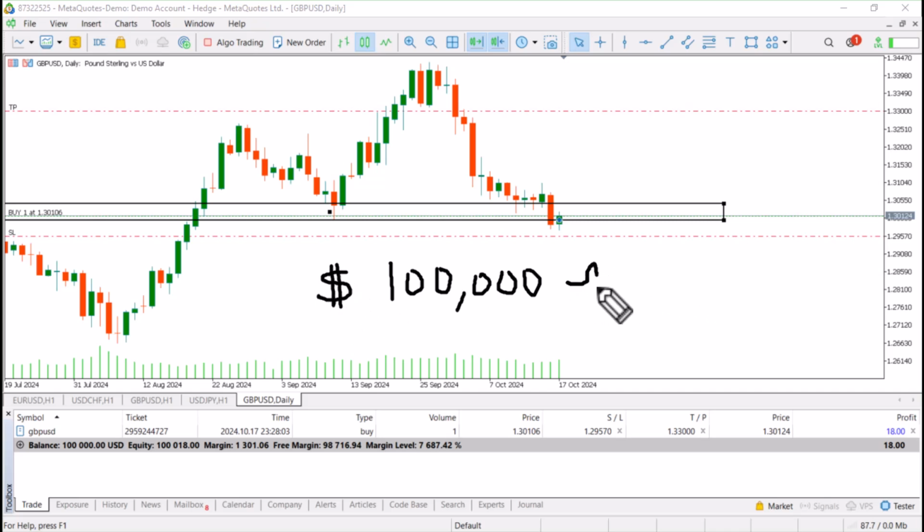Now, if you initiate one lot size position on this one standard lot size account, take note, I do not mean $100,000 should be in your account.